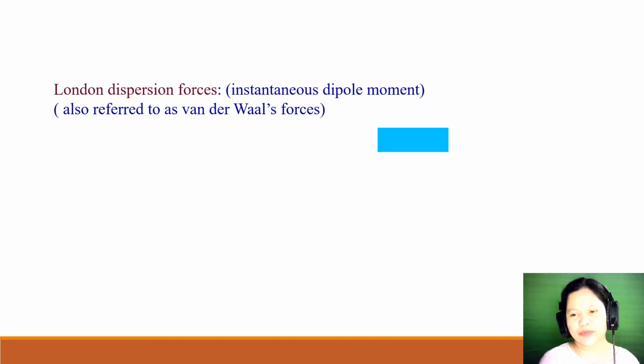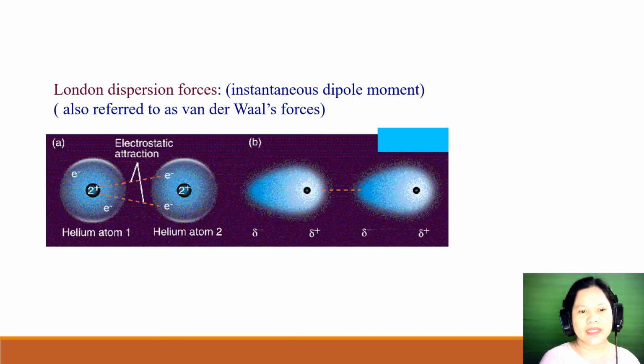Sometimes London dispersion forces are also considered as instantaneous dipole moments, also referred to as van der Waals forces. In this given example, you have helium, with an electrostatic attraction between two helium atoms.